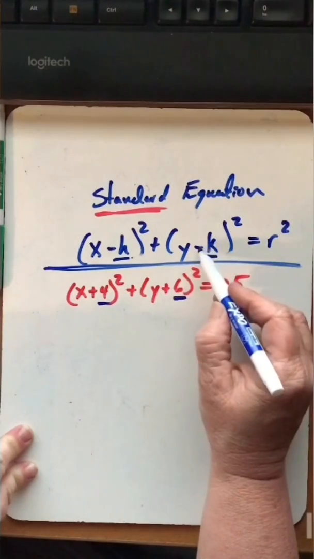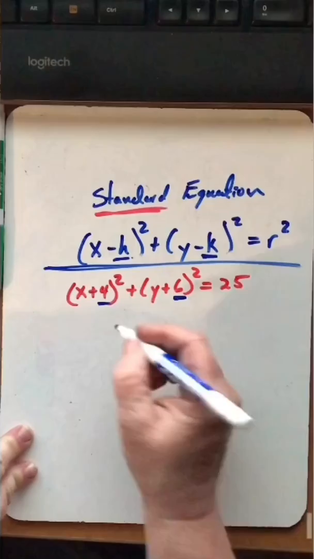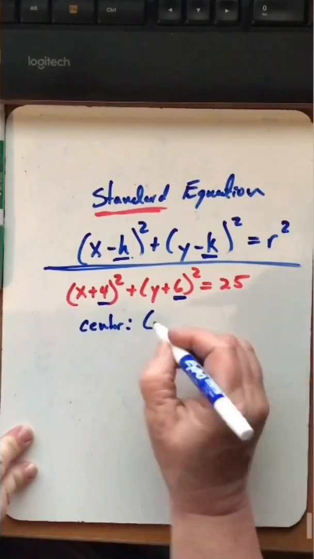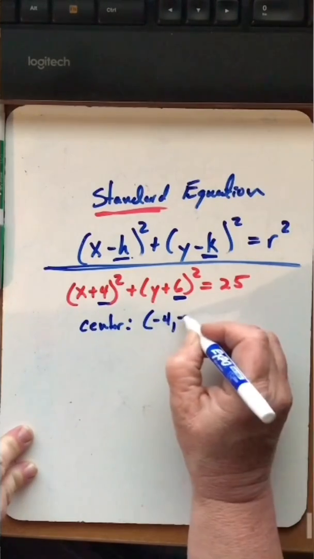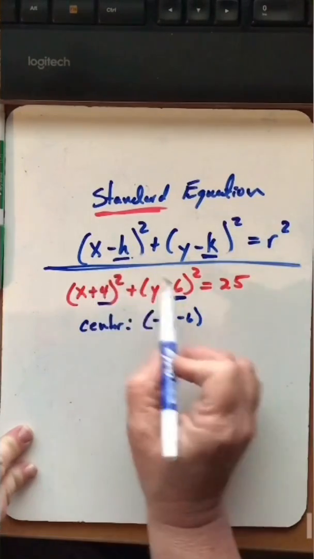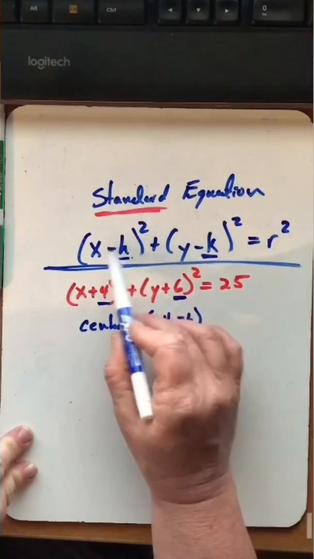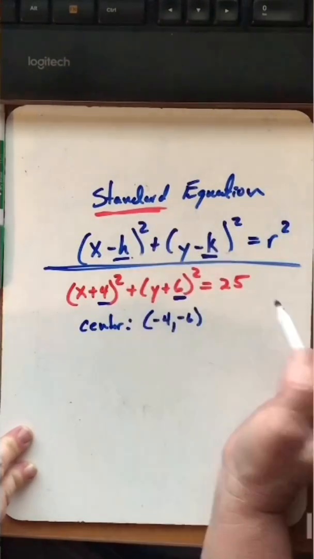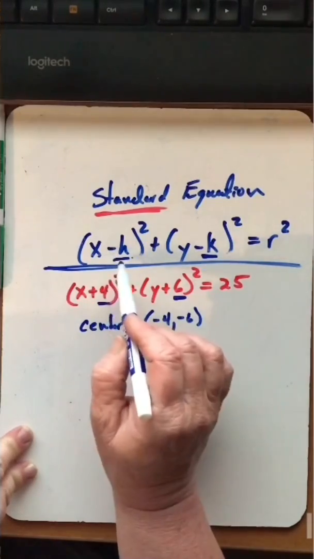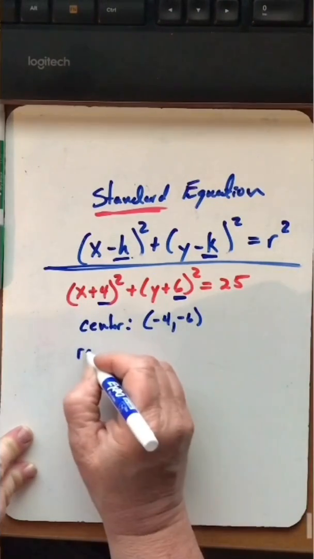This is a plus here, standard form is negative, that's a clue that this 6 is negative. So my center is at negative 4, negative 6. Because if they were minus signs, then the h and the k would be positive, because the minus signs are the standard part of the equation. And like I showed you, if something's negative, we have a minus a negative, which is the same thing as a plus.